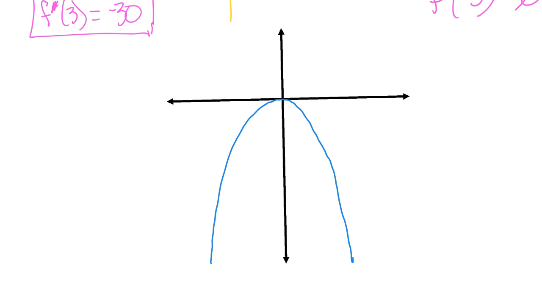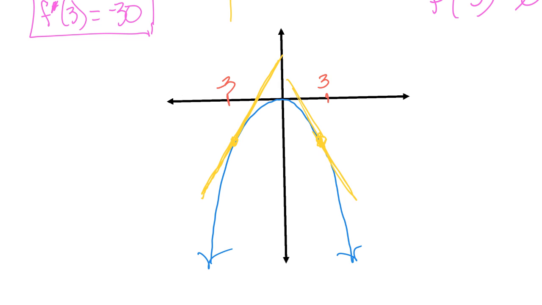But we're looking at 3 and negative 3. So here's negative 3. Here's 3. And so does it make sense that if I'm looking at the tangent line at these two x values, I have the same but opposite slopes?